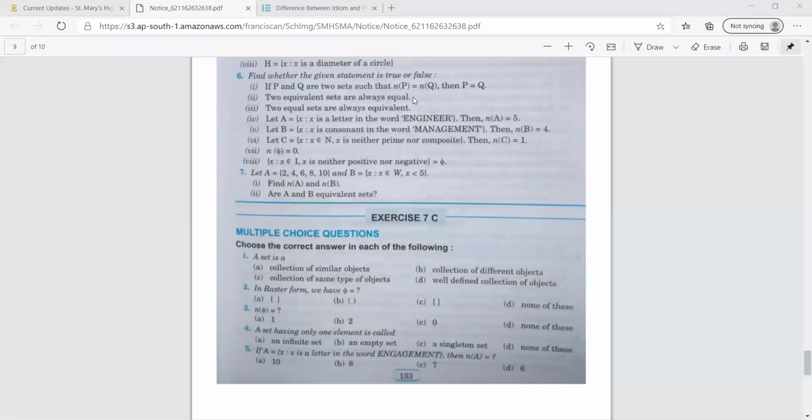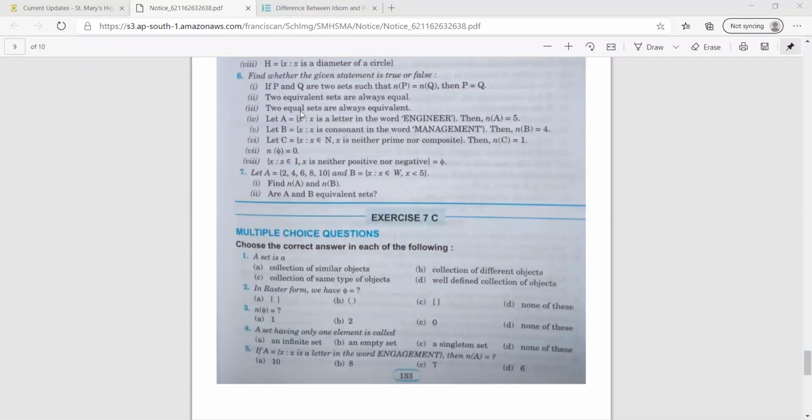So this also will be false. Then, two equal sets are always equivalent. So this is true, because two equal sets means they're having the same elements. Okay, so definitely the cardinal number also will be the same, and therefore it will be true.